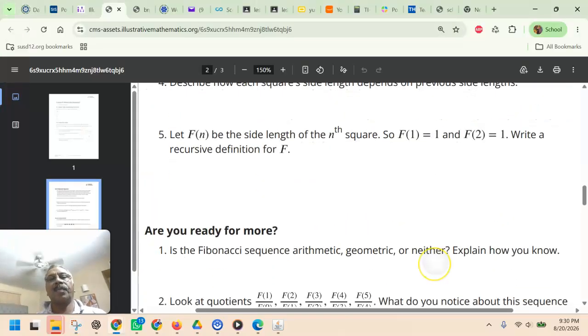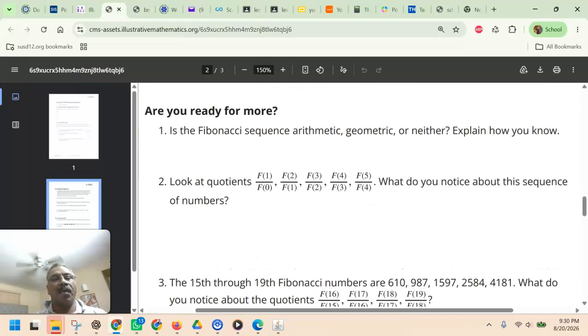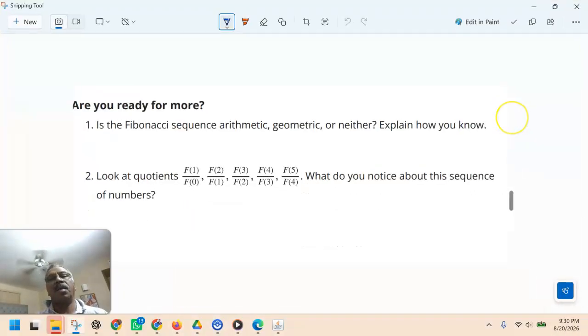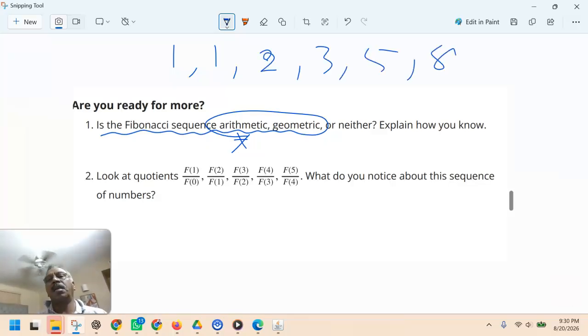So what this basically means is they're asking you, is the Fibonacci sequence arithmetic, geometric, or none of them? It's not geometric because you're not multiplying by the same number. Remember, it was 1, 2, 3, 5, 8, 13.